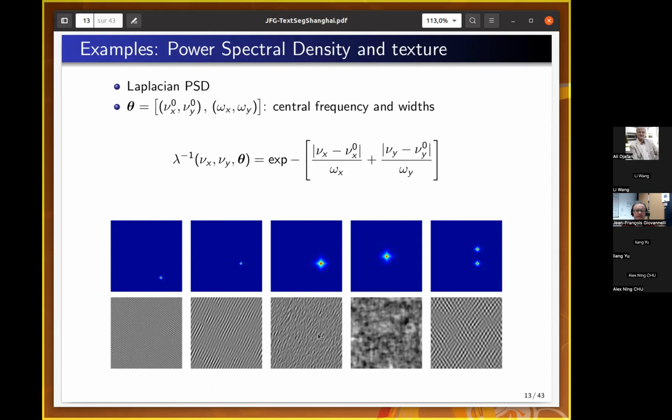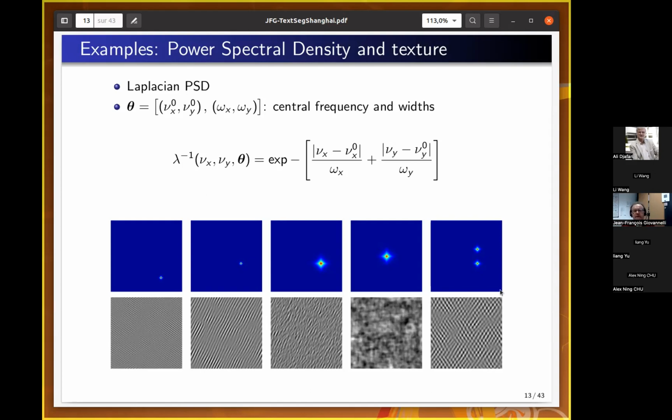And depending on the parameters, I have more or less high frequency in the texture, more or less wide spectral content. For example, this is the null frequency, and this is a kind of low frequency noise. This is a case not described here with two, and then a kind of crossing texture. Anyway, it is this kind of model that I will use in this talk.